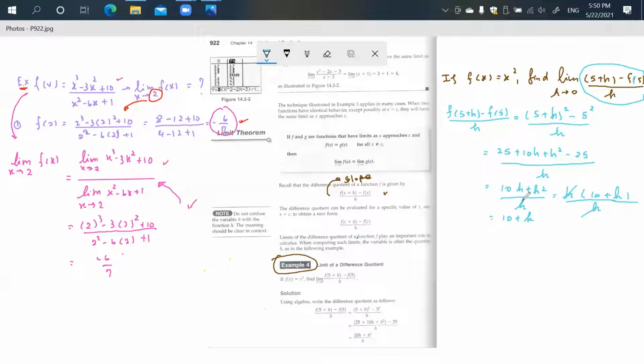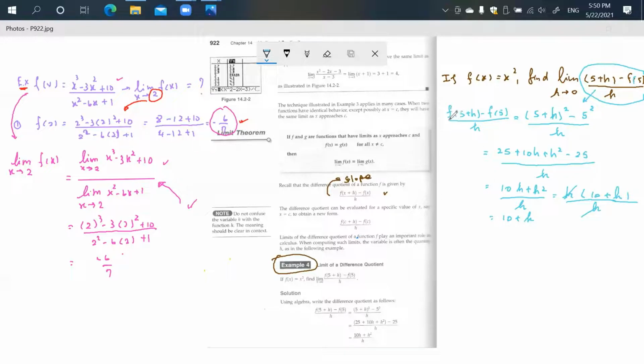Okay. So in general, we try to simplify. You take the function out like this and simplify first until the lowest term. After that, you take a limit on both sides.